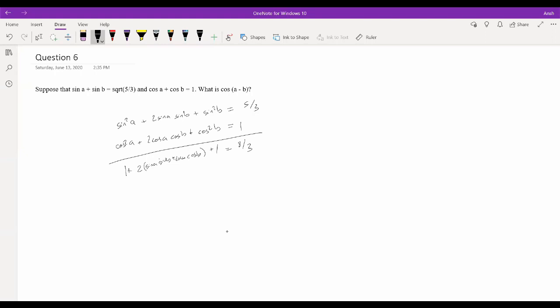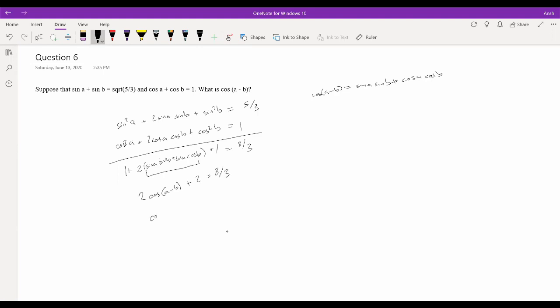So that means we can again simplify this. We notice this inside looks oddly familiar too, and that's because it's the cosine of a minus b. Specifically, cosine of a minus b equals sine a sine b plus cos a cos b, which is exactly what we have on the inside, which means you can rewrite this as 2 times cosine of a minus b plus 2 equals 8/3.